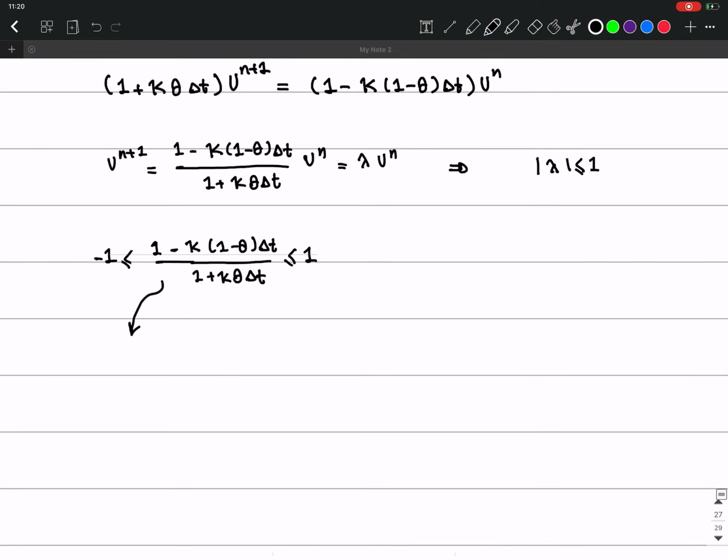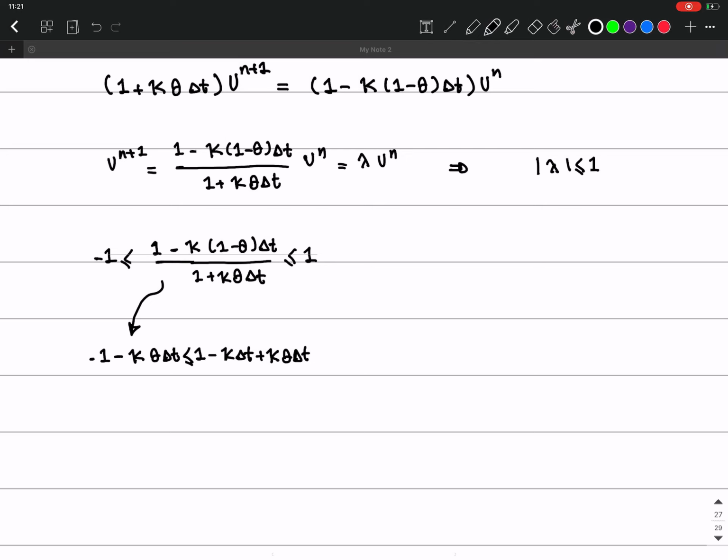So the left condition is going to give me minus 1 minus kappa theta delta t should be smaller or equal to 1 minus kappa delta t plus kappa theta delta t.